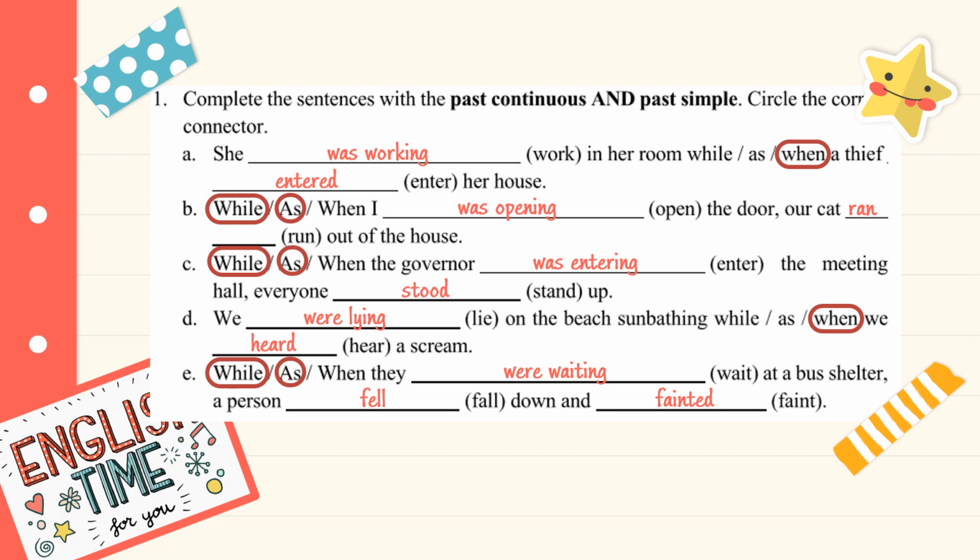You can choose whichever connectors you want, but you must put the connectors in the correct place. While and as are at the beginning of the sentence just before the past continuous, and when is put just before the past simple. Okay, grade 5.